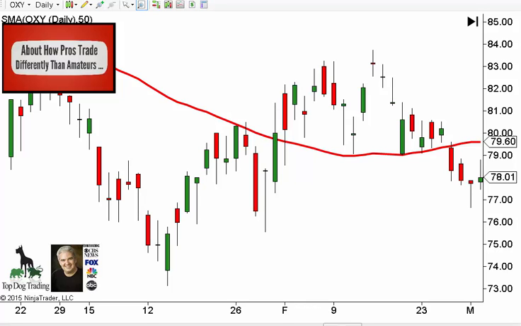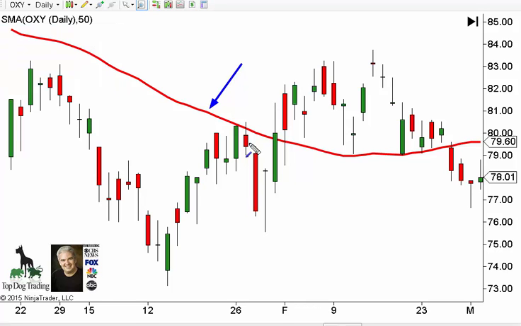Basically, this line right here that is a moving average, the red line that you see on the chart right now, is simply calculating the average of the closing price of the last, in this case, 50 bars. So I've got a 50-period simple moving average, and it's called a moving average because with every bar, it creates a new plot point, and it creates a line.